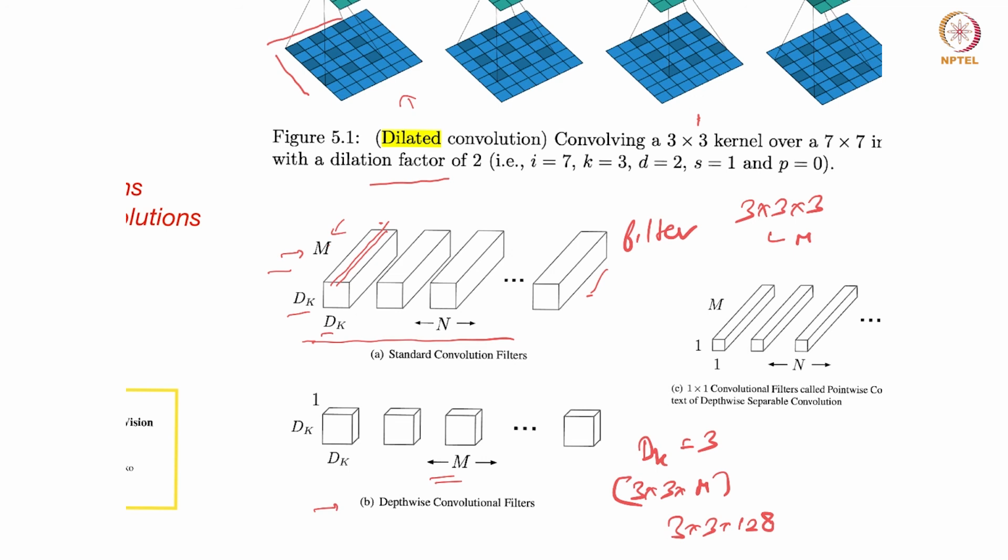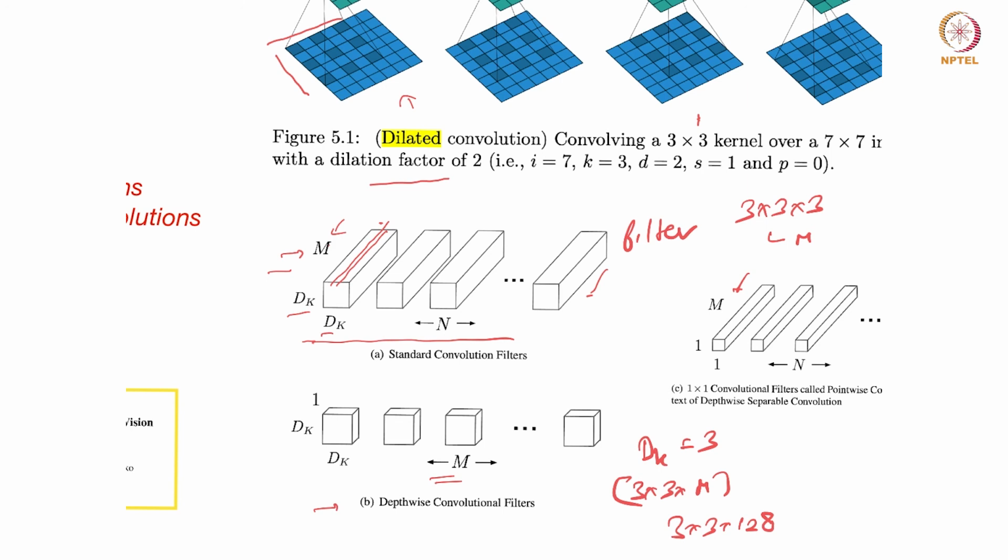For each one of the input channels, you will have one filter, right? And if you have m filters, you will have m channels as output. That's what is shown here. So this is one form of reducing your computational burden.